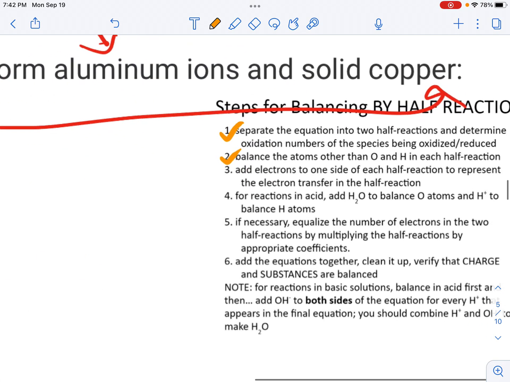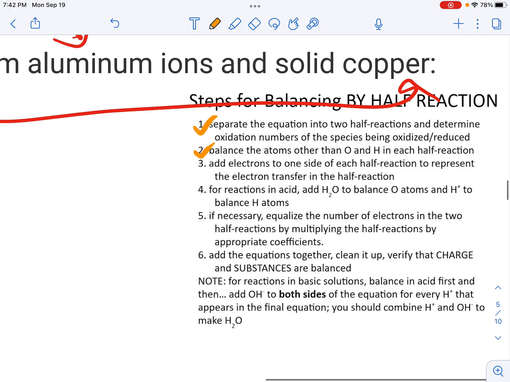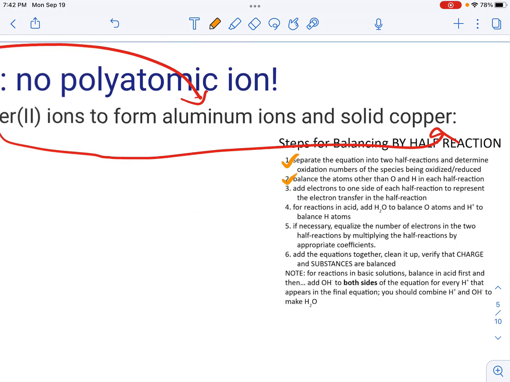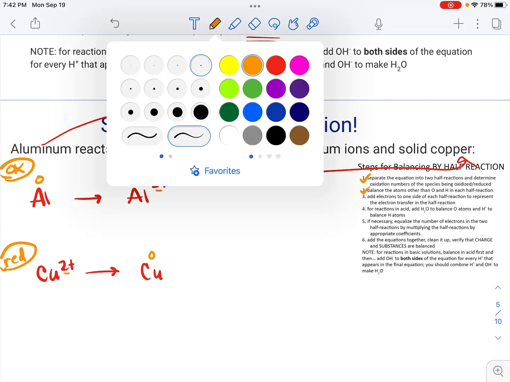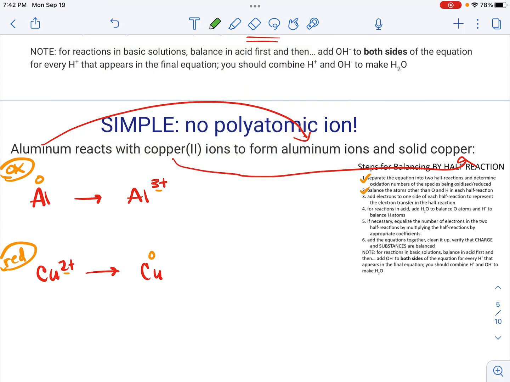Now we're going to add electrons to one side of each half reaction to represent the electron transfer. Remember, in an oxidation, electrons are lost, which means they are produced. My oxidation number is going from 0 to 3+. That's a difference of 3 electrons, and they have to be lost, so I'm going to add the 3 electrons to the product side in my oxidation.